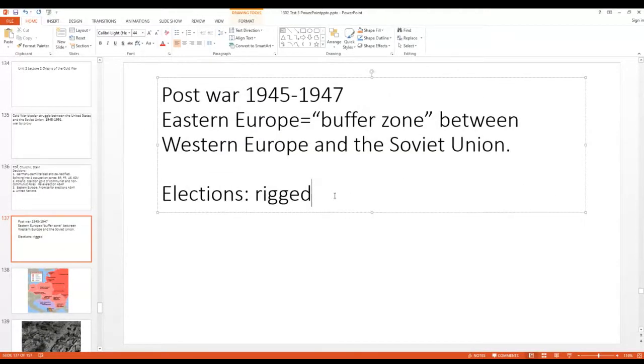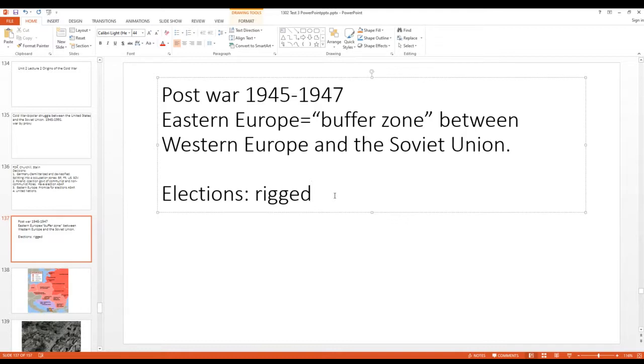They're hit by cars. They fall off rooftops. I think one of them fell on a knife several times. So that kind of stuff. So these are clearly not free and fair elections. They're rigged throughout Eastern Europe. They're rigged in Poland. And again, that is all done to create that buffer zone.